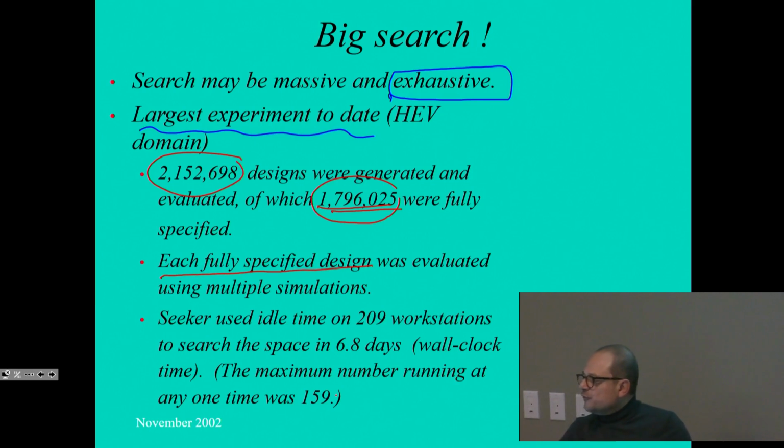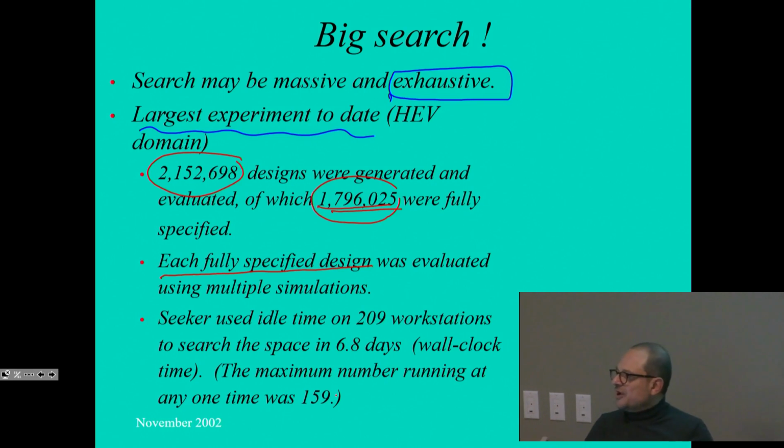And each fully specified design for this hybrid electric, a parallel or series hybrid Lumina, was then exercised using multiple simulations. Why multiple simulations? Well, I'm interested in things like acceleration, top speed, city fuel economy, highway fuel economy, and for each of these things, I'm doing a different simulation.